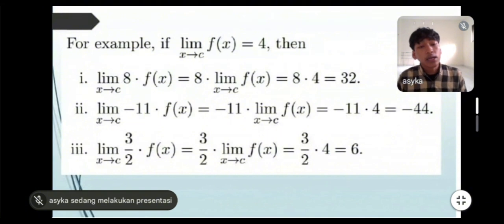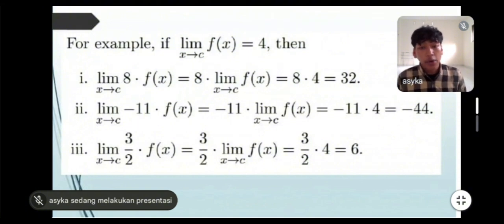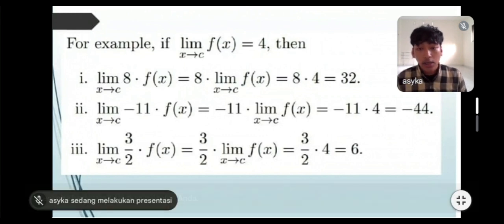For example, if limit x approaching c f(x) equals 4, then limit x approaching c of 8 times f(x) equals 8 times limit x approaching c f(x) equals 8 times 4 equals 32.